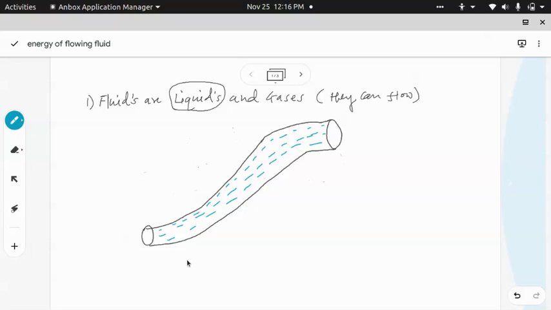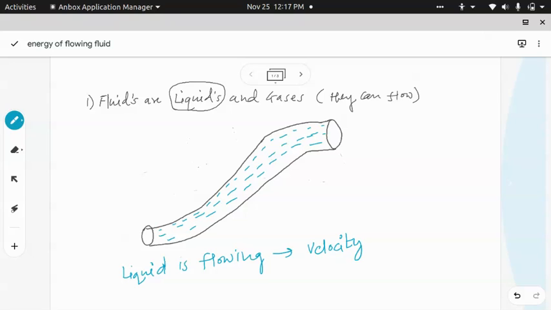When we say the liquid is flowing, it should have a certain particular velocity.